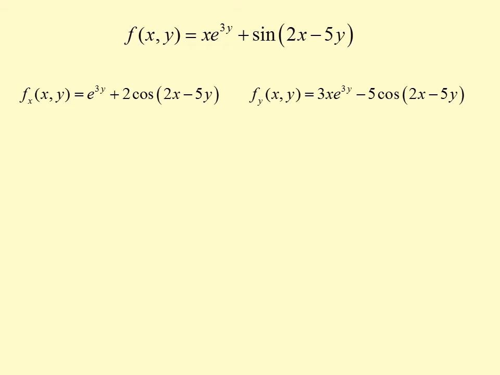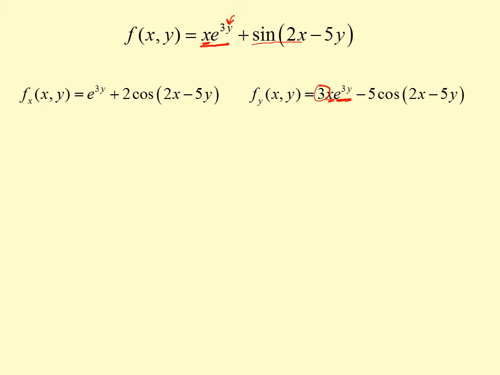Now if we do the derivative of that with respect to y, here's the first term, and we're doing the derivative. y is our variable. We will copy down the x, and the derivative of e to the 3y would be e to the 3y times the 3.